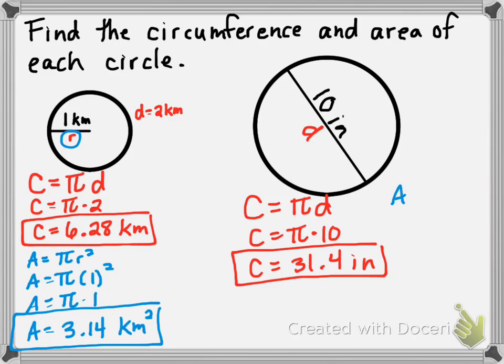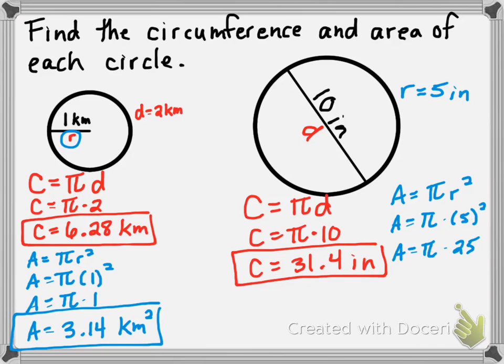So I'm going to do A equals pi r squared. Well, it only gives me the diameter, so I know that the radius has to be half of that. So the radius is 5 inches. So I know that the area equals pi times 5 squared, which is pi times 25. So the area of this circle is 78.5 inches squared.